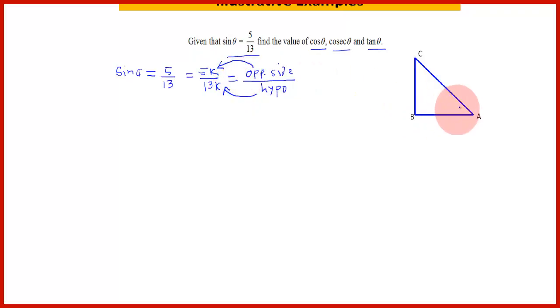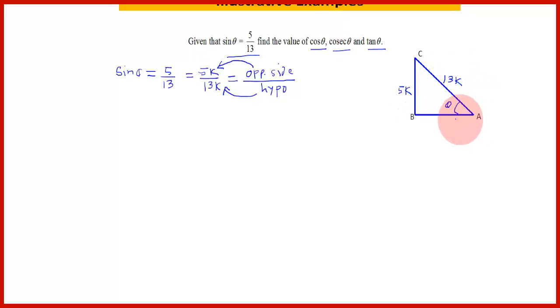So if this angle is theta, then this will be the opposite side, 5k, and the hypotenuse will be 13k. Now here we have to find cos theta. Cos theta is equal to adjacent upon hypotenuse.